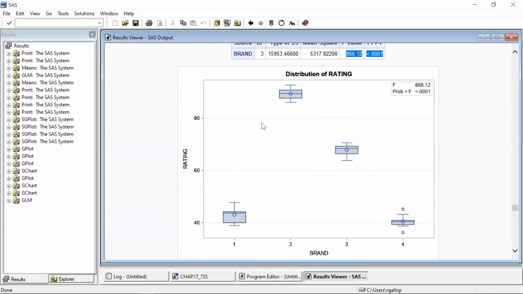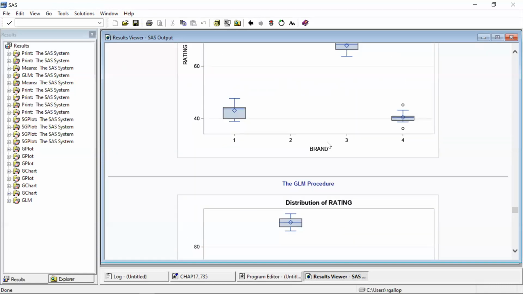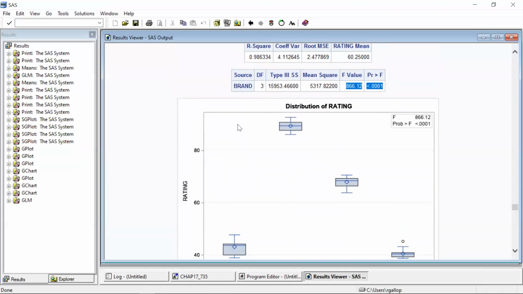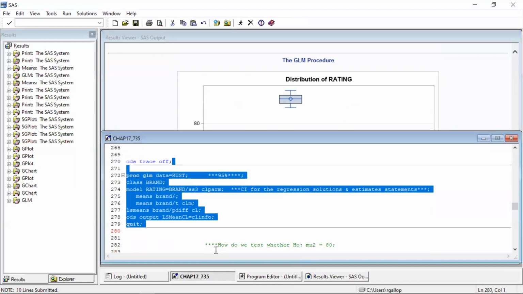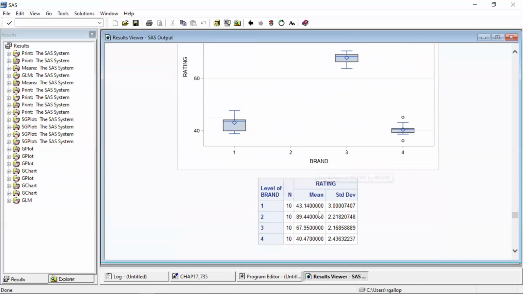So that's why I like the above one better. So this is from the ANOVA model. This output you see here is being produced by the mean statement on line 275. These are the means and the standard deviation. They're nothing more than the raw mean and the raw standard deviation.